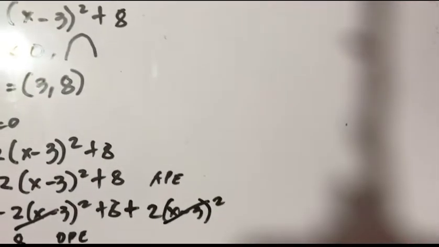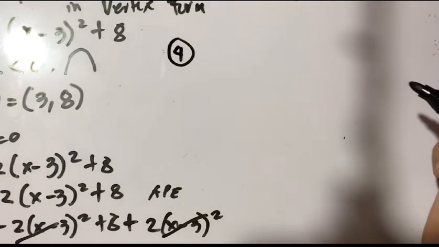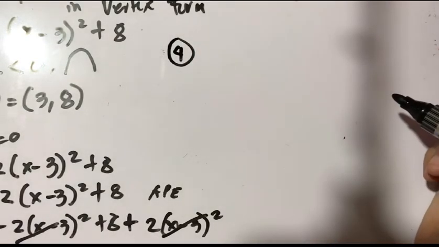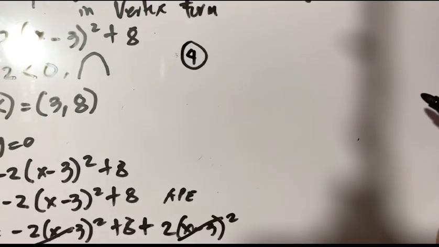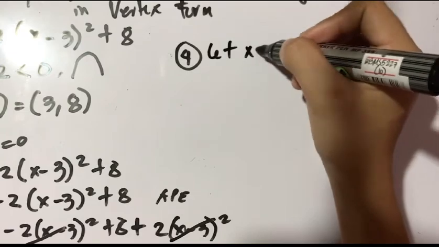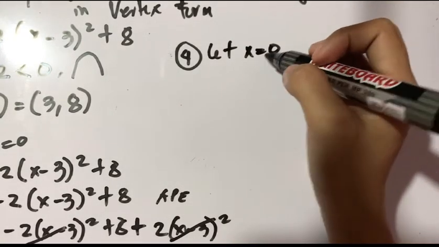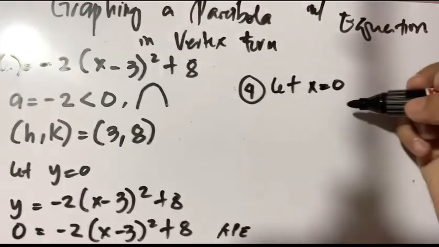So, the fourth step is to find the y-intercept. How do we find the y-intercept? This is by letting x be equal to 0. And then, we will substitute this into our function.